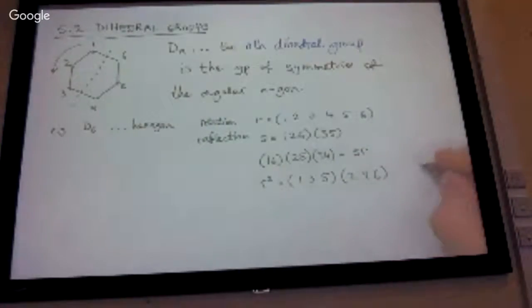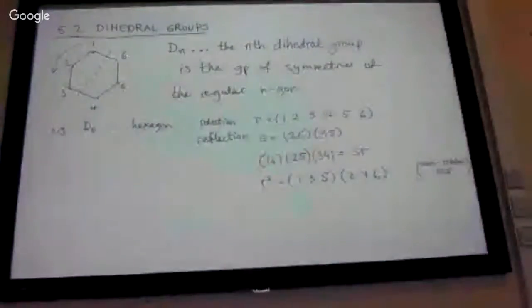So this is anti-clockwise 120 degrees. And there are others.